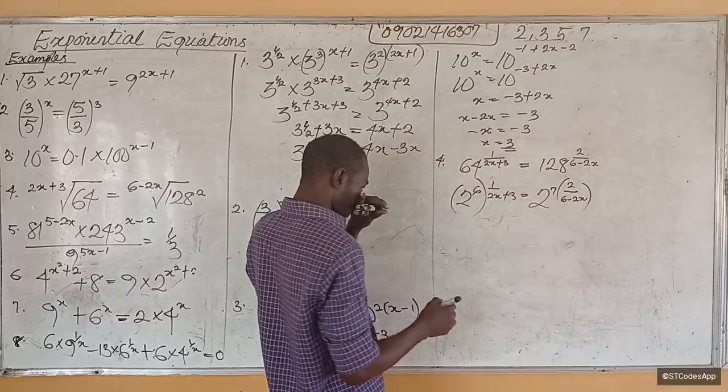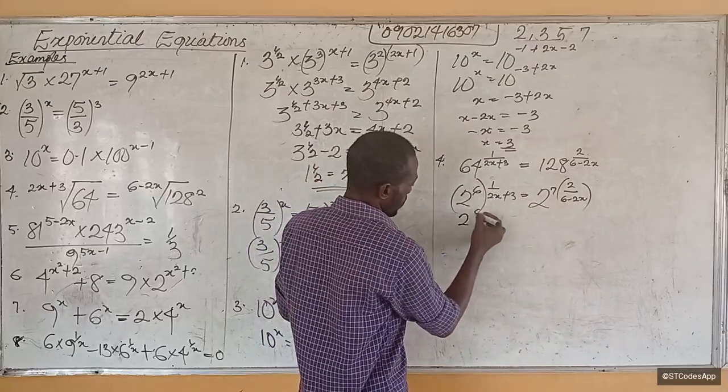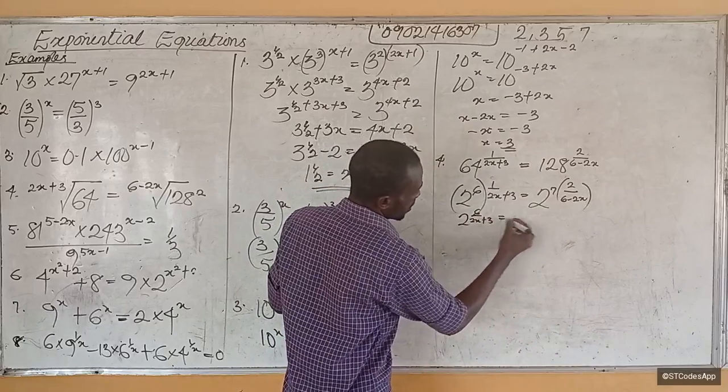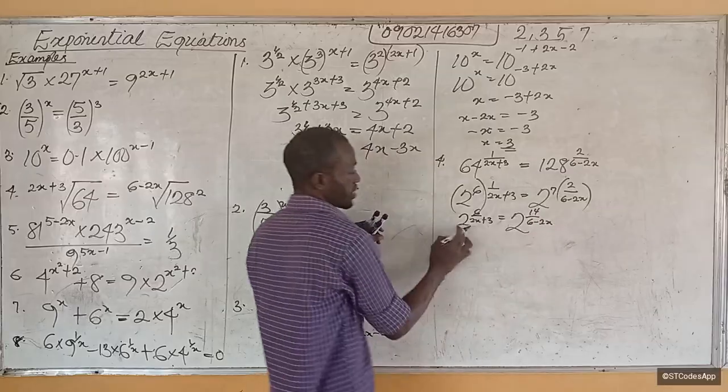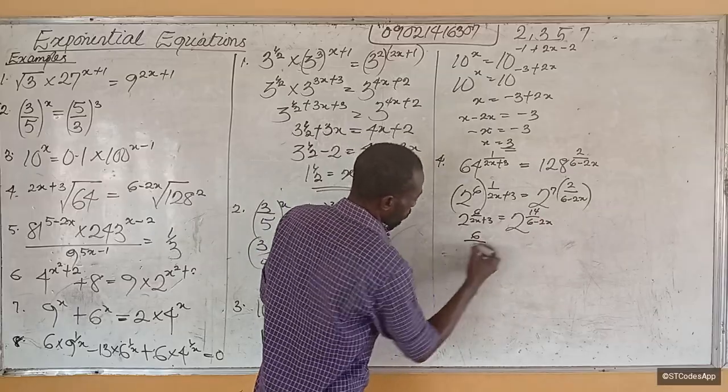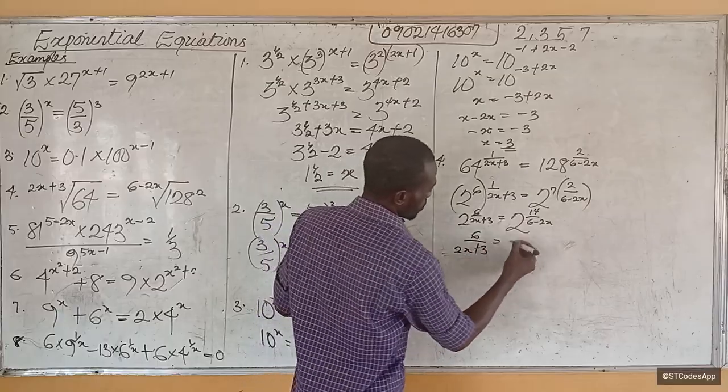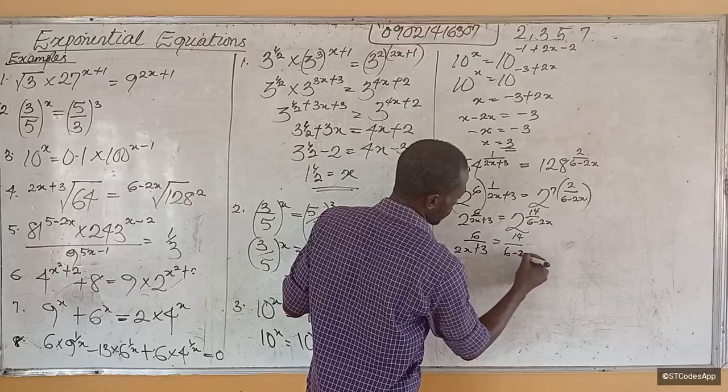So I will say 2 raised to the power 6 over 2x plus 3 is equal to 2 raised to the power 14 over 6 minus 2x. Bases are the same, powers must be the same. So I have 6 over 2x plus 3 is equal to 14 over 6 minus 2x.